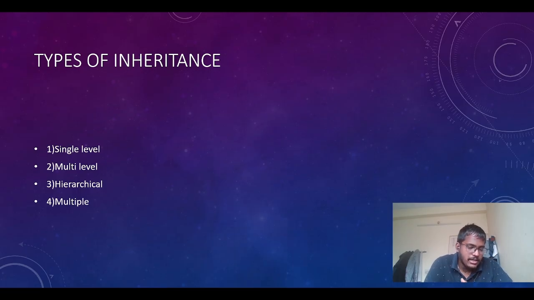Multiple inheritance is not supported in Java due to some constructor reasons. Basically, if one class is deriving from two or more parents, that is called multiple inheritance. Multiple inheritance can be achieved in Java by using interfaces, which we will see. Now we will see a program about single level, multi-level, hierarchical and multiple inheritance in the next video.